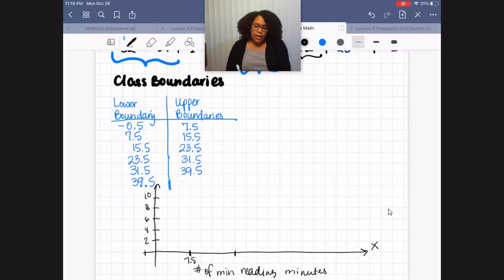And I can put my 15.5 there. And then I can do a 1, 2, 3, 4. And I can put my 23.5 there. And then 1, 2, 3, 4. And I can put the 31.5 next. 1, 2, 3, 4. And here we can put the 39.5.